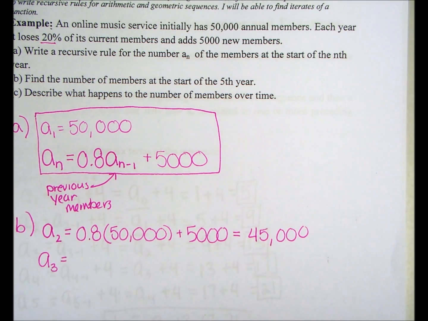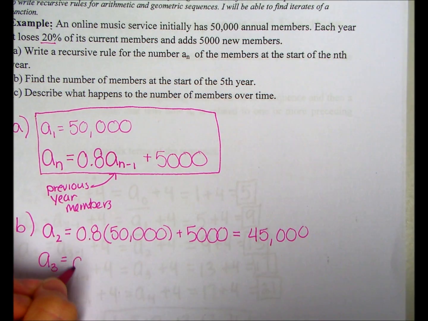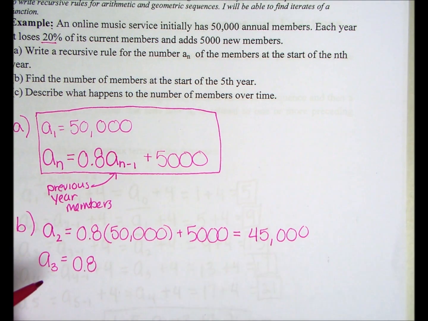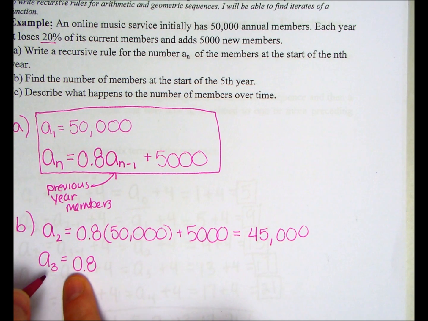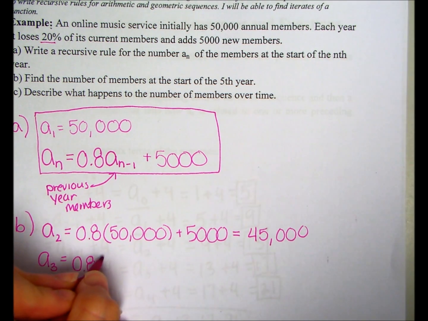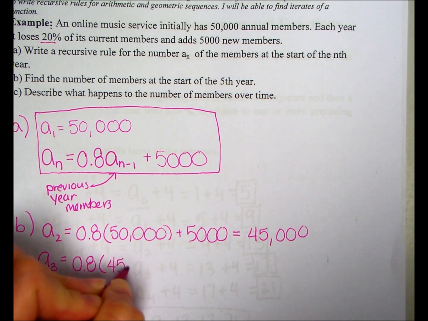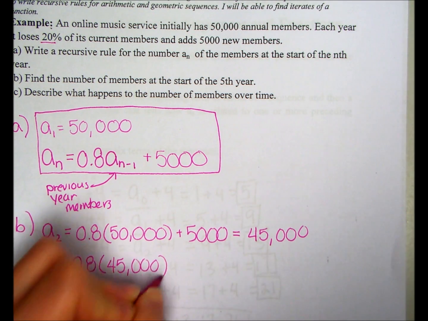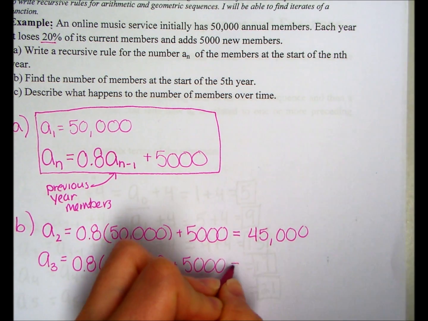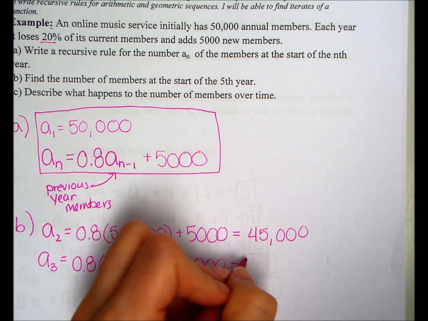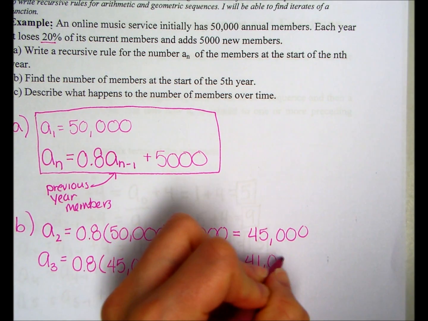A3, my third year, 80% of what I had the previous year. So I've got to use the 45,000 to get my third term. I've got to use the previous year's amount. And then I'm still going to add that 5,000 here at the end. And when I plug it in the calculator, I have 41,000.